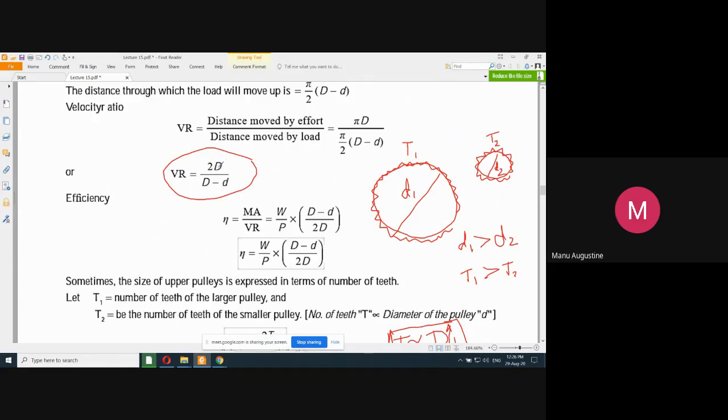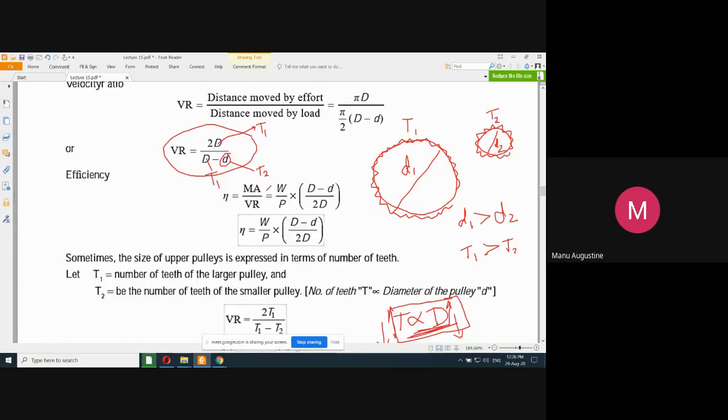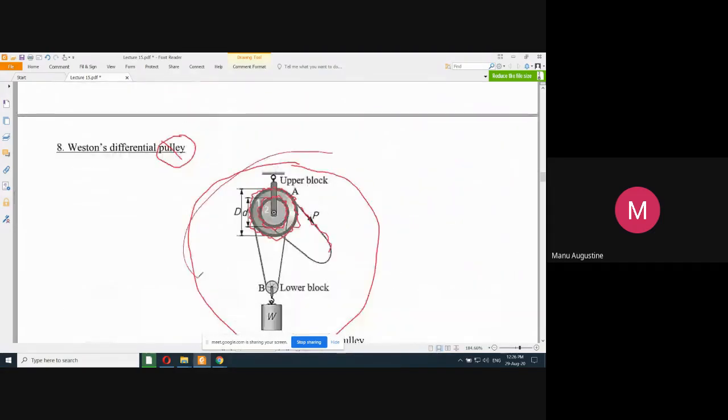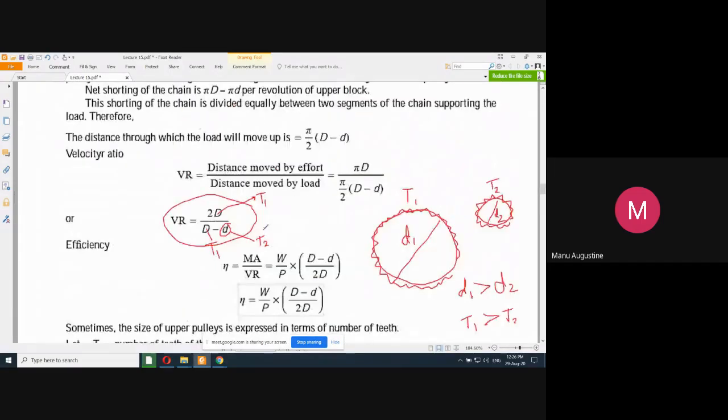So instead of capital D, you simply replace it with the number of teeth on the larger wheel. And instead of smaller diameter, you simply take the number of teeth on the smaller wheel. That is the only replacement that you require in case your Weston's differential block is constituted with the help of sprockets and chain instead of pulleys and rope.